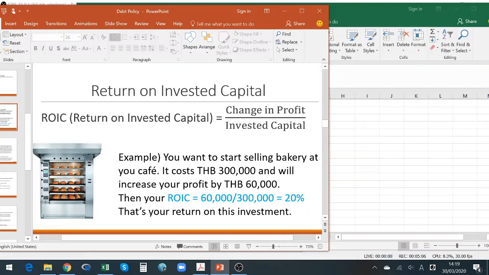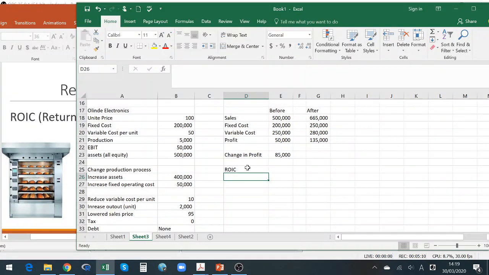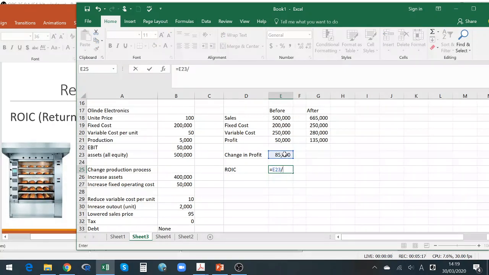Change in profit divided by invested capital. This time, how much did you invest? It is 400,000, right? So it's equal to change in profit divided by your invested capital. If it's in percentage, it's 21%.